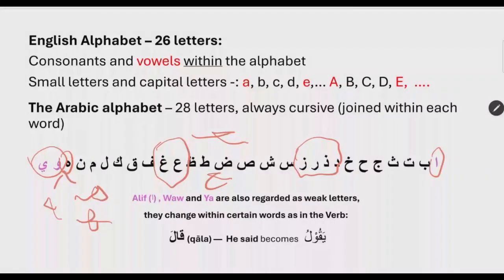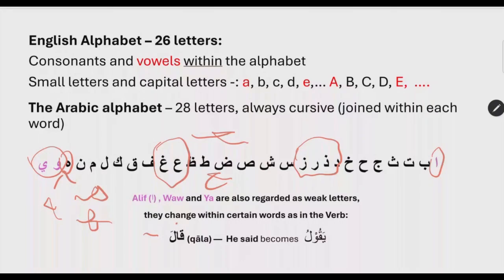Also, what we need to remember is the alif, waw, and ya, the ones that are indicated in purple text, are also regarded as weak letters. Now, this being the case, they are weak. What happens is in certain word formations, they appear, and in other formations, they get changed to something else. One example is qala, which means he said.